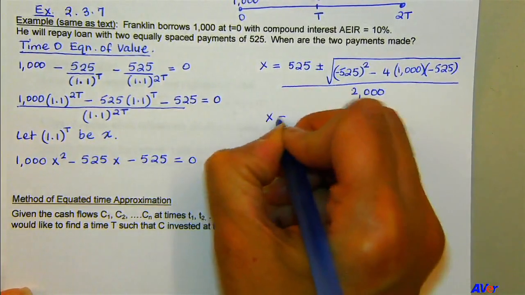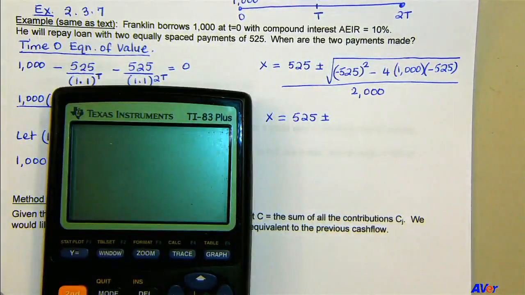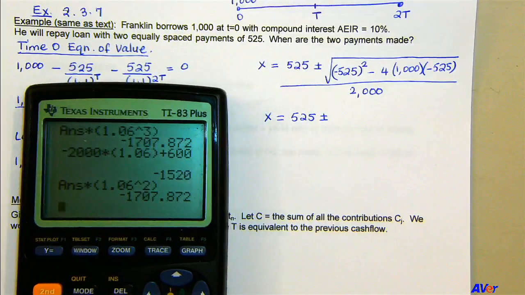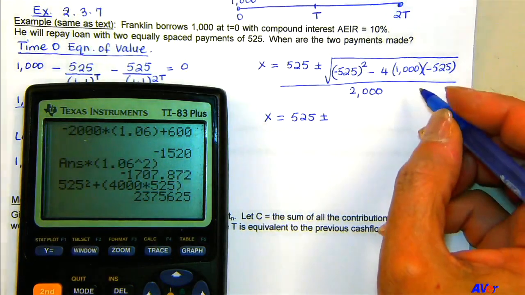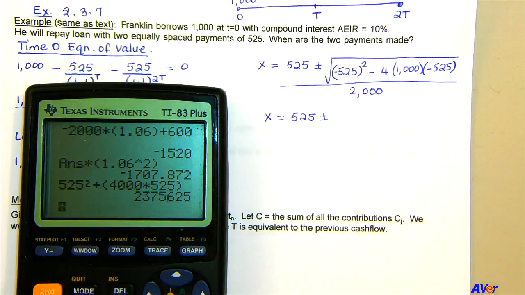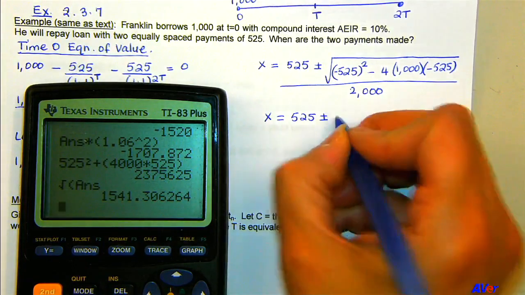So x equals 525 plus or minus, let's do this, 525 squared plus 4,000 times 525. 2375625. And I want the square root of that. 1541.306.